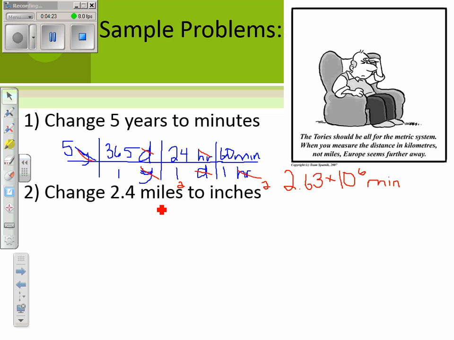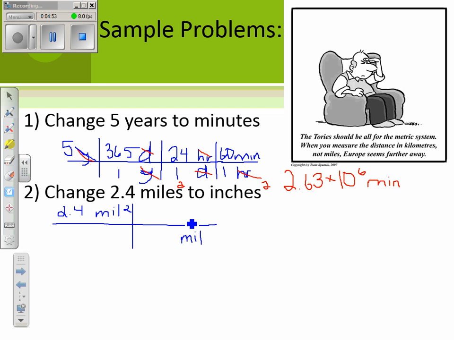When you have squares like that, you have to continue to have those squares involved when you set up your dimensional analysis. So we have 2.4 miles squared.